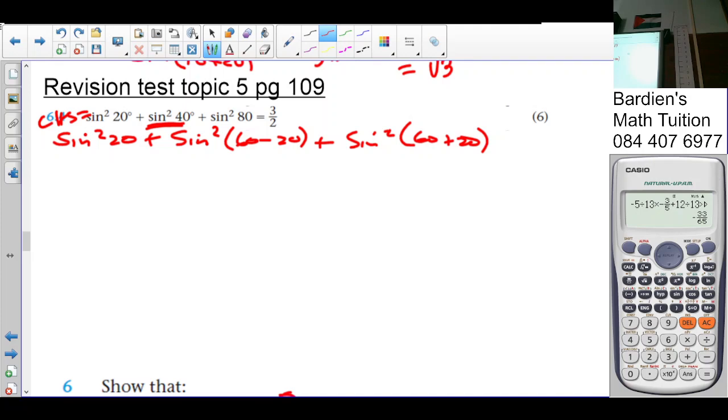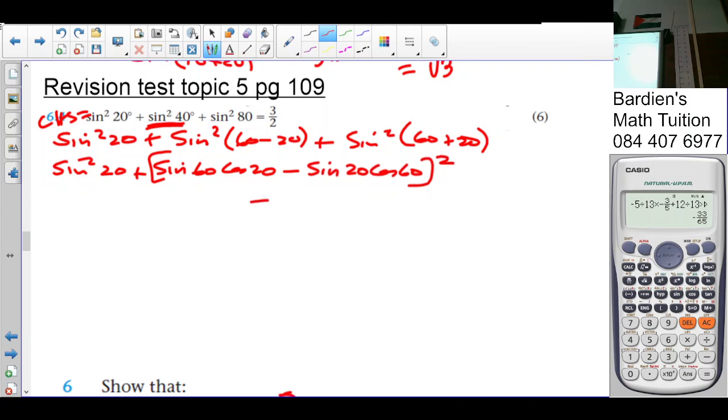So it's going to give me sine squared 20 plus the sine expansion here. It's going to be sine 60 cos 20, same sign, minus sine 20 cos 60, and it must be squared, plus sine 60 cos 20 plus sine 20 cos 60.